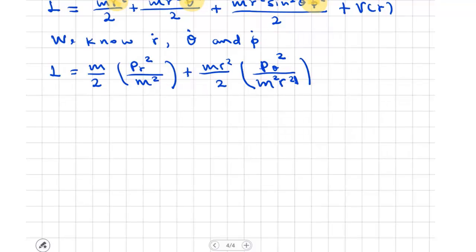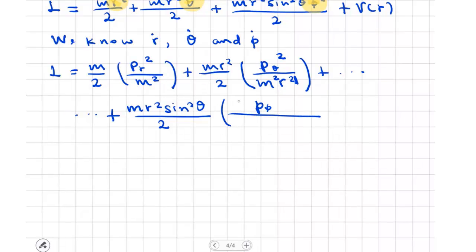Okay, and the same to the third term, m r squared sine square of theta dividing 2 multiplying p phi dividing m squared r, sine, give me a second please, sorry, phi dot, in this case, for example, this term is this.